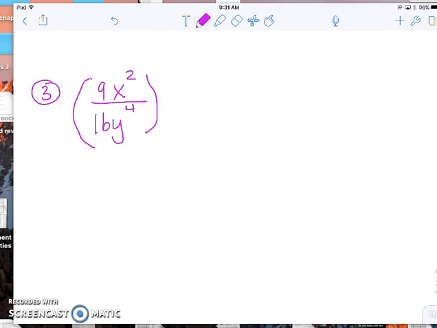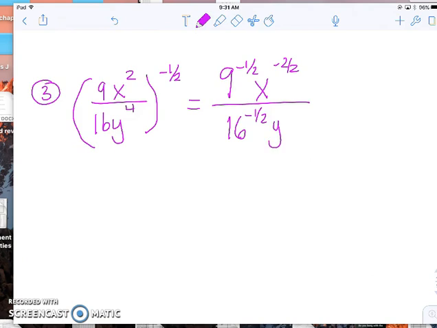And the last one we're going to look at, let's say we have 9x squared divided by 16y to the 4th to the negative half. So if we distribute that negative half, 9 to the negative half, x to the negative 2 over 2, 16 to the negative half, y to the negative 4 over 2.